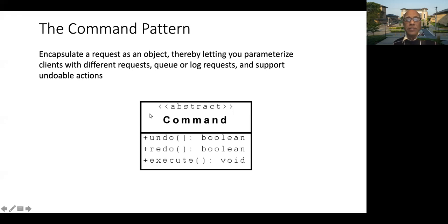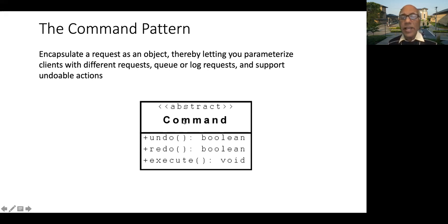That is called a command object, and we have a command pattern. In a command pattern, we have an abstract class, or perhaps even an interface. We'll have an abstract class with 3 methods: undo, redo, and execute.